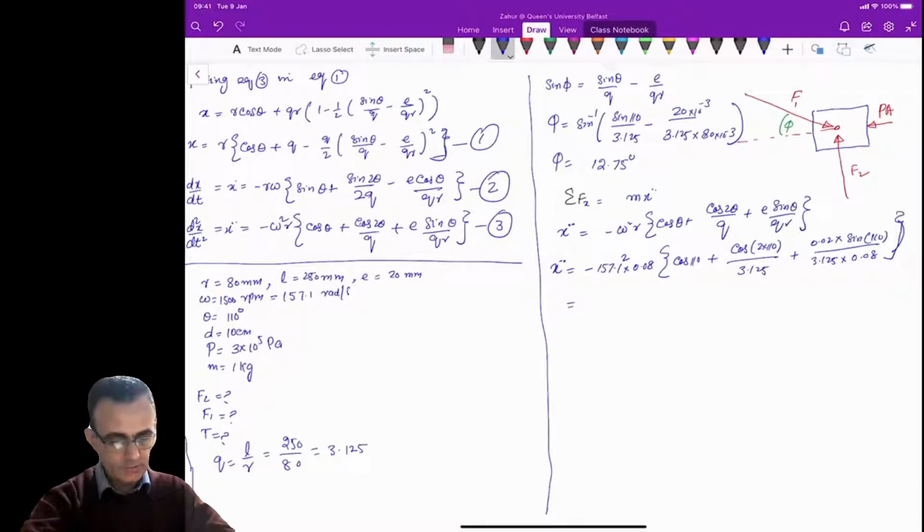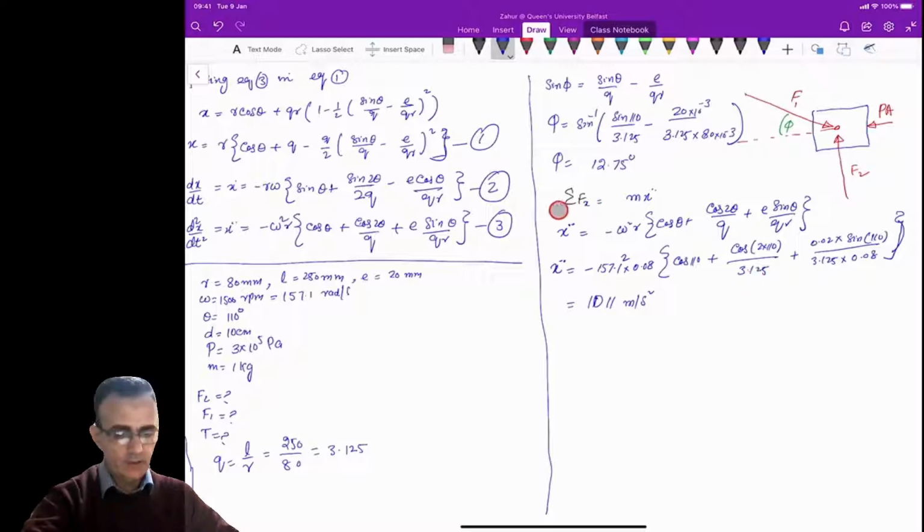Okay, so now from here we can calculate the value, so 1011 meter per second square. So this is the acceleration when the angle is 110 degrees here.